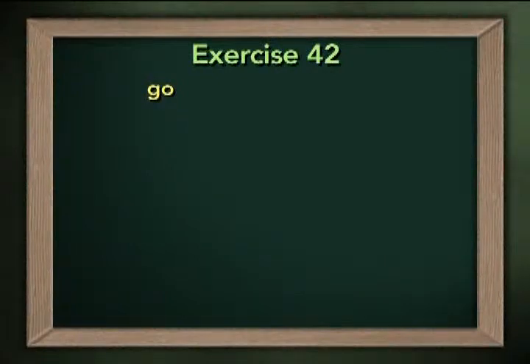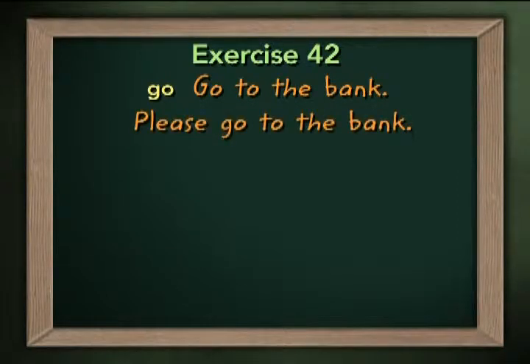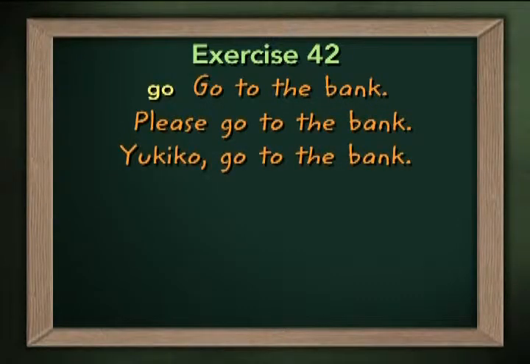Now, do you feel like an exercise? All right, same story. You will be asked to write complete requests or instructions. And you'll be using the same verbs. You'll see go, and then next to go you will write the request: go to the bank. You may make it polite, please go to the bank, and you may include Yukiko: Yukiko, go to the bank.